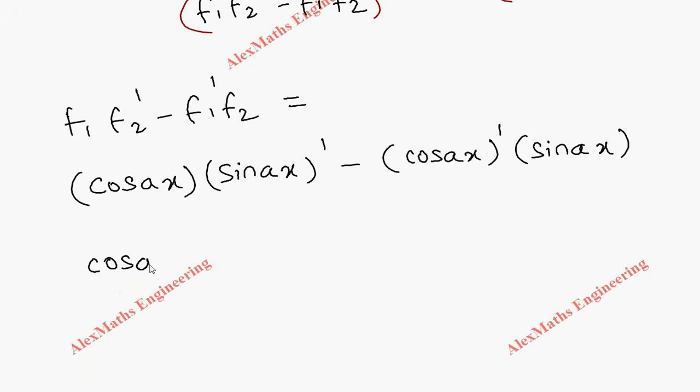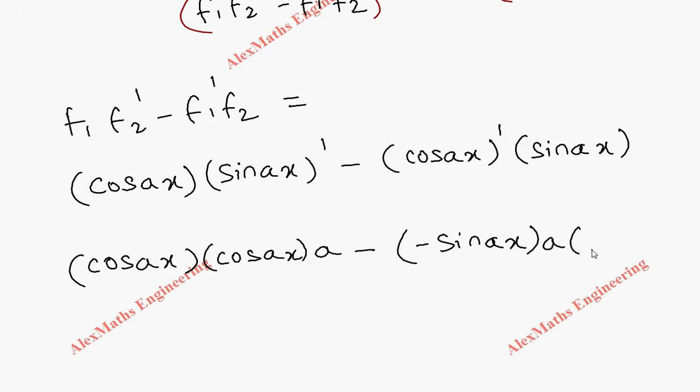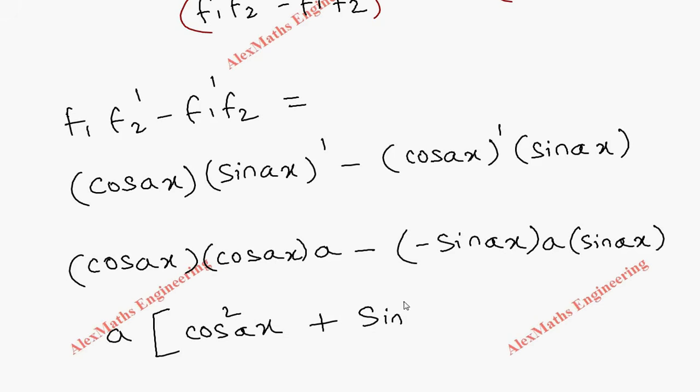So first term as it is, sin ax derivative is cos ax into a, minus, this is minus sin ax into a, and the last term sin ax as it is. Totally we can take a common, then we have cos ax into cos ax, so cos square ax plus sin ax into sin ax, sin square ax. So it is like sin square theta plus cos square theta, which is 1. So the final answer is a.